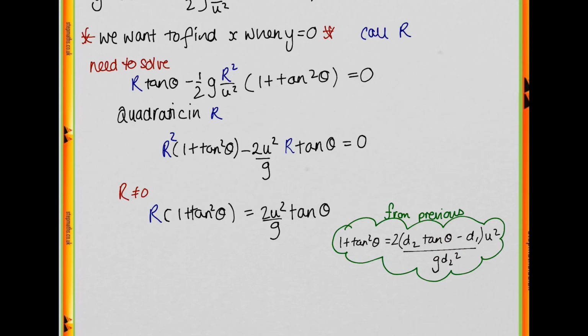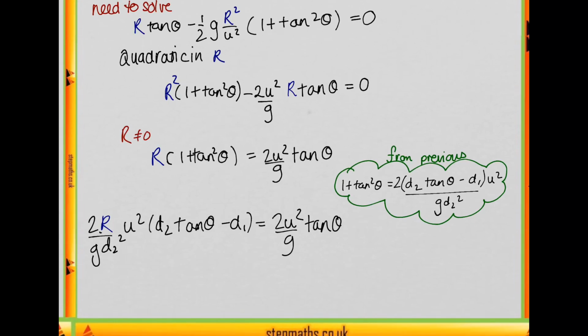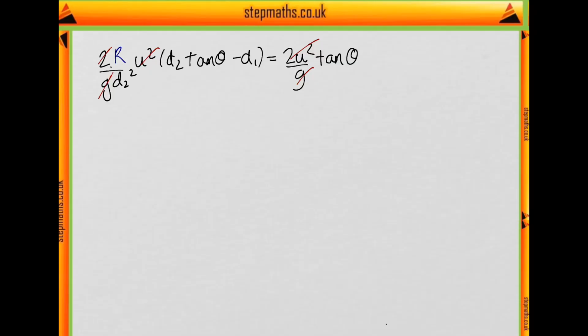So if we sub this in, and this is quite neat, we can see that we've got u squareds and g's on both sides, and the 2, so this just cancels. Moving on to another page here, having cancelled the 2u squared over g, that gives us r over d2 squared times (d2 tan theta minus d1) equals tan theta.